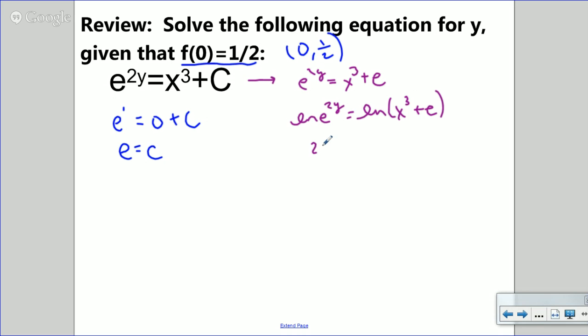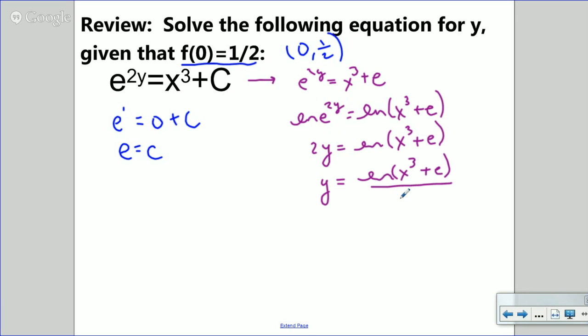So on this side, I have just 2y left. And then on this side, I have ln of x cubed plus e. All right, now divide both sides by 2, and you get y equals ln of x cubed plus e divided by 2. Then I'm just going to keep it like that. You could rewrite using the power rule if you'd like, but this is good.